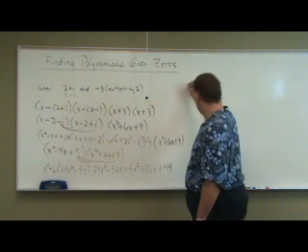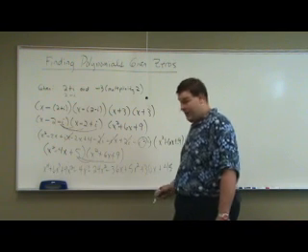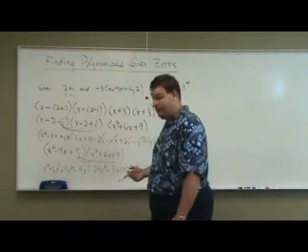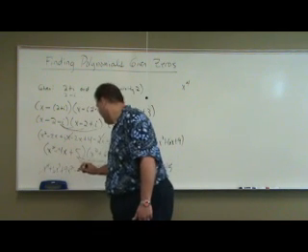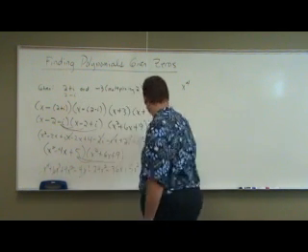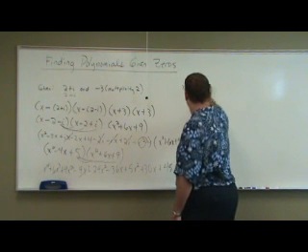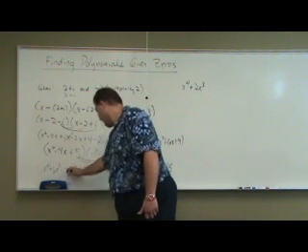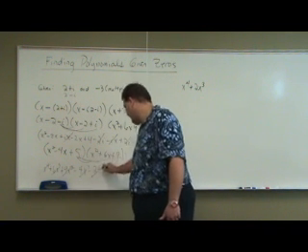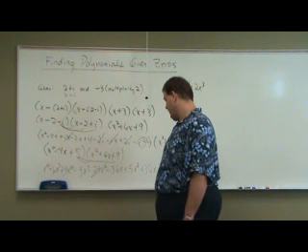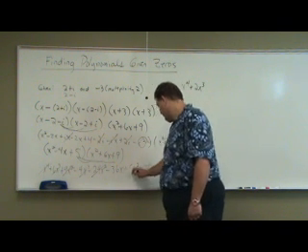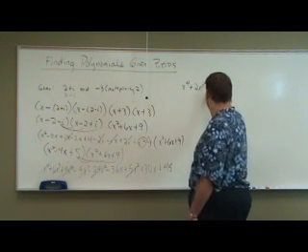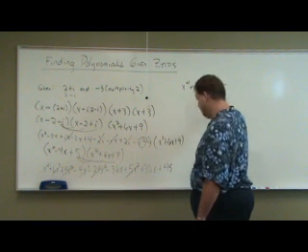So my polynomial will be x to the 4th. I would recommend checking these off as you do them just so you don't make any mistakes. 6x to the third minus 4x to the third, 9x squared minus 24x squared, that's negative 15x squared, plus 5x squared is negative 10x squared.